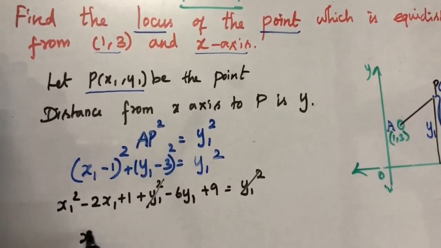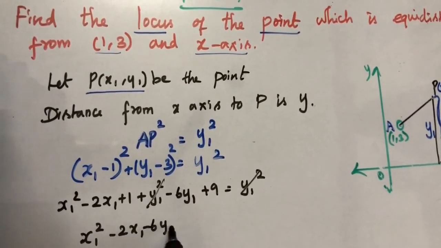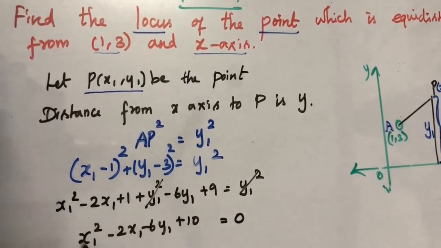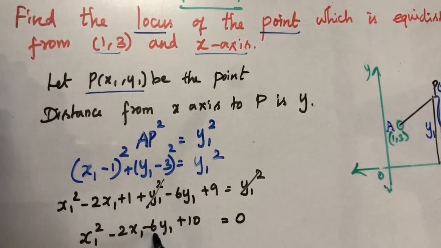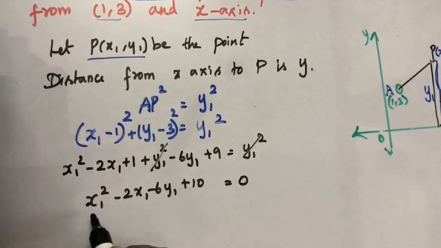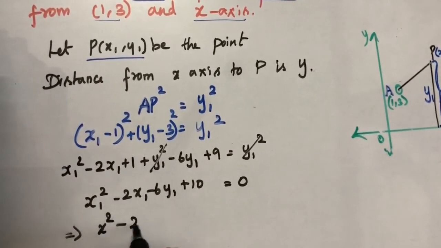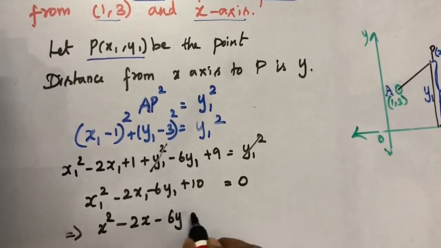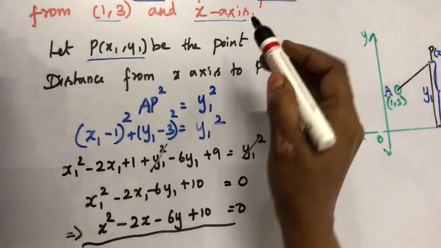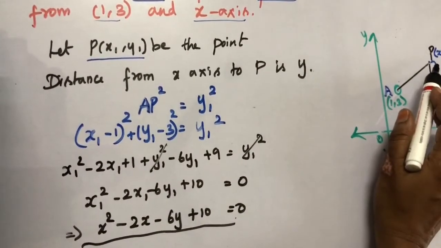So x1 square minus 2x1 minus 6y1 plus 10 is equal to 0. If we change the coordinates as x and y, this equation becomes x square minus 2x minus 6y plus 10 is equal to 0. And this is the equation, this is the locus of the point P, which is on our plane.